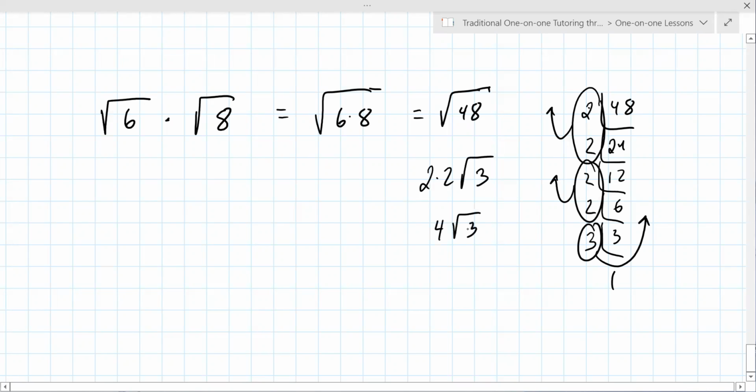Good. So 4 square root 3. Very good. All right, so we're going to stop right there.